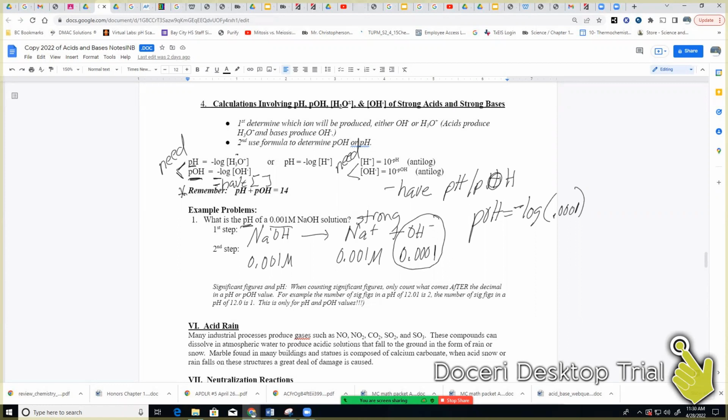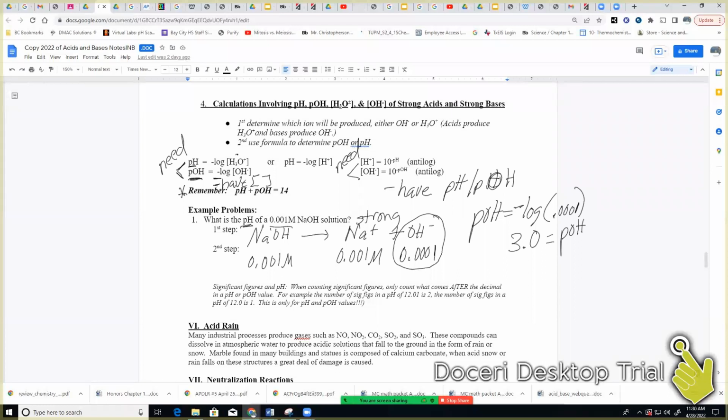All right, so what did we get on that one? 3. Now, pH and pOH don't have a unit, so you'd have to say something like 3 is equal to the pOH. I'm going to tell you why I put a 0. Oh, that's what you're asking. Sig figs are a little tricky for pH and pOH. Once again, I didn't make the rules.